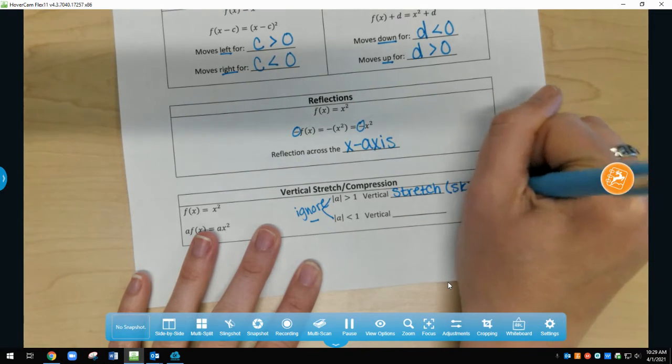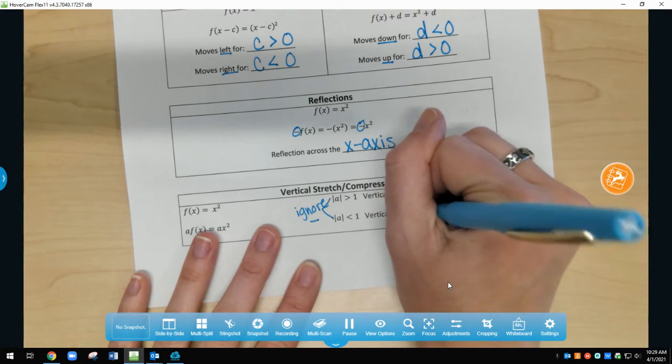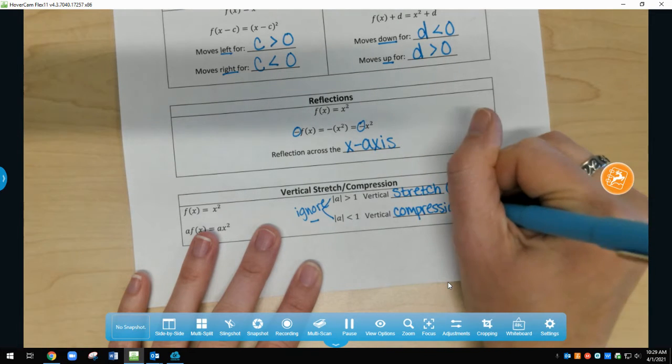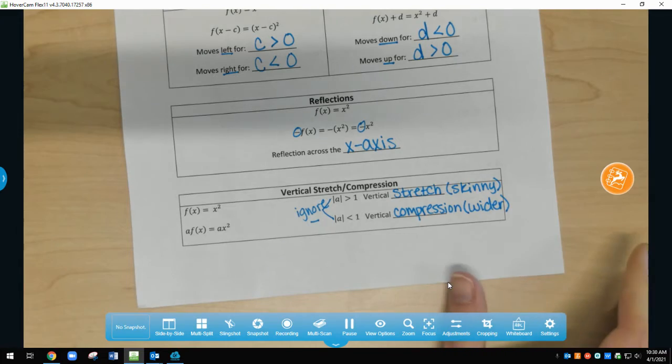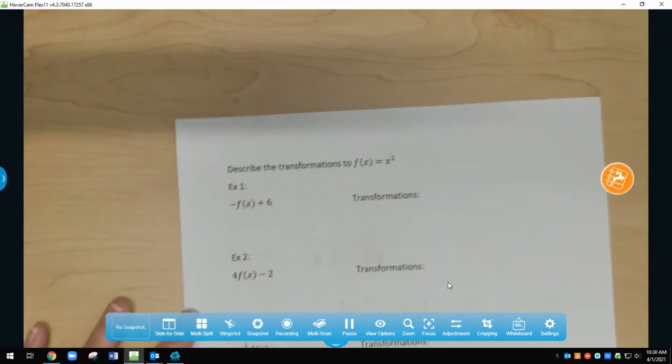We're stretching it out. If a is less than 1, it's a vertical compression. So it's going to get wider or fatter. Okay? So let's flip to the back and do some examples.